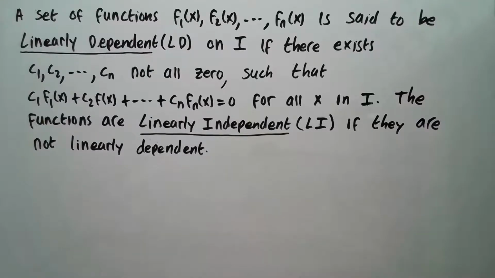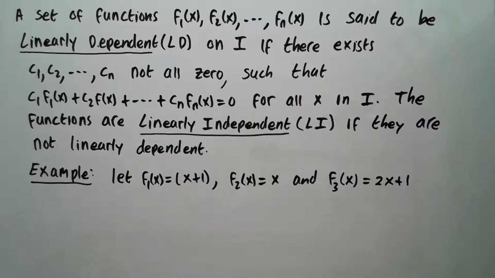So let's take a look at a simple example, and then we'll look at some more examples. Suppose we have these three functions, f1 equals x plus 1, f2 equals x, and f3 equals 2x plus 1, and say we want to determine whether these are linearly independent or linearly dependent.